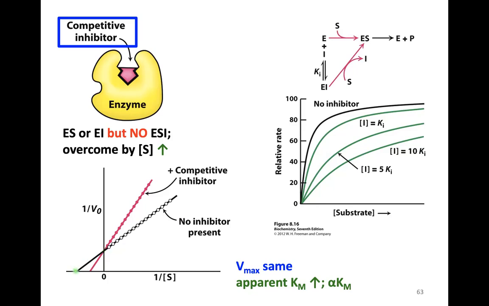The x-intercept is minus 1 over Km. And the other characteristic of a double reciprocal plot is that as you approach the origin more closely, the value of that parameter increases.